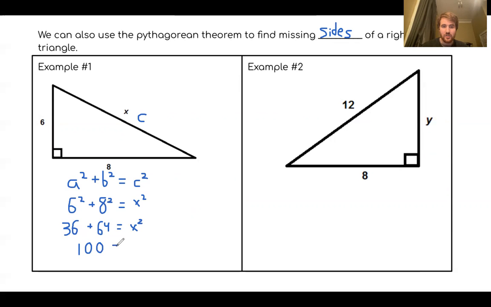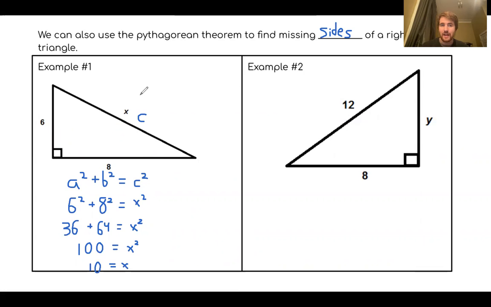100 equals x squared. Now, that is not the length of this side. That is the square of the length of this side. So we have to think to ourselves, what times itself equals 100? Hopefully you recognize that 10 times 10 equals 100. So if 100 equals x squared, then 10 equals x.